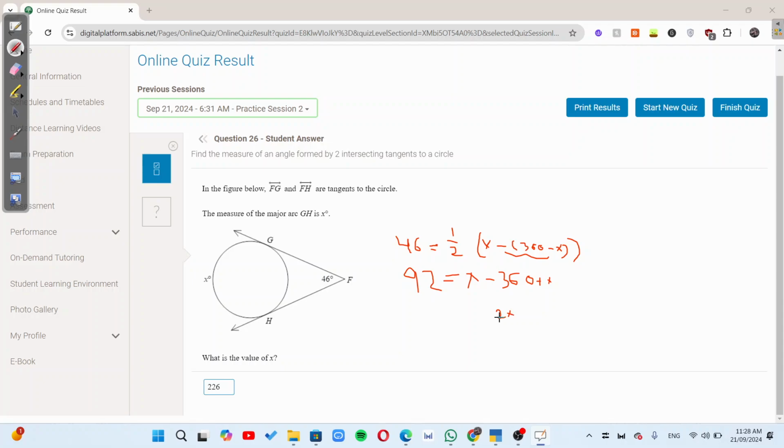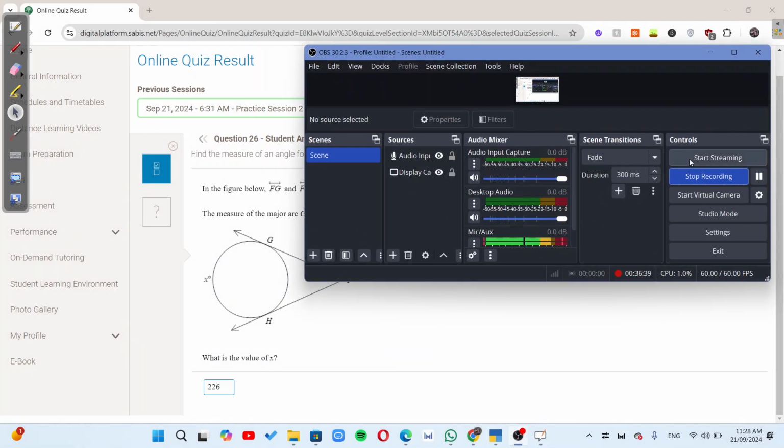You move the 360 to this side, and you quickly do on your paper 360 plus 92, you're gonna get 452. And so x equals half of this, which is 226. And yeah, we're done for the week 5 math quiz. Bye.